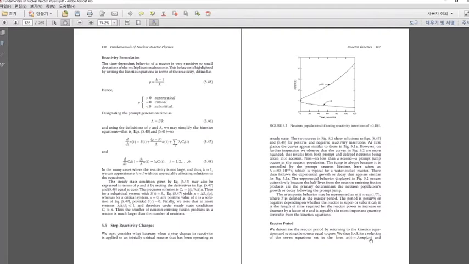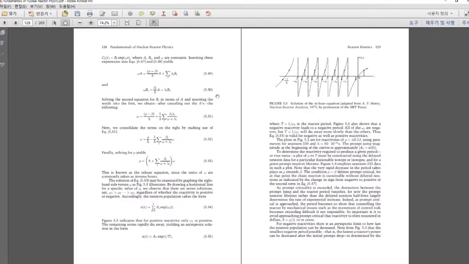So n(t) is assumed to be proportional to e^(omega t). And C_i(t), the concentration of precursors, will be assumed to have an exponential form with the same omega as that of the neutron population.